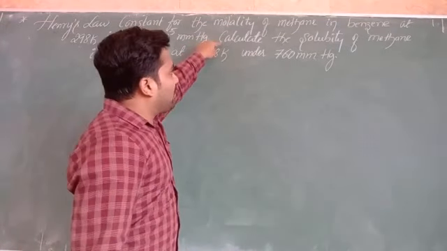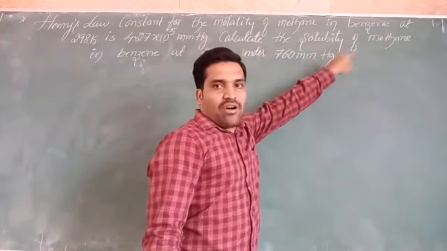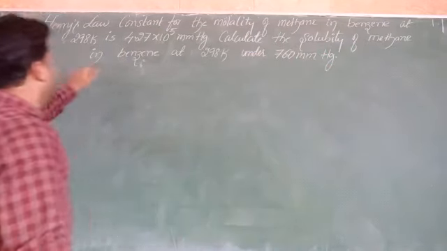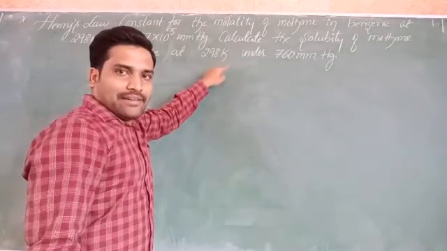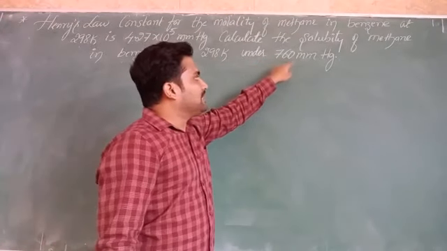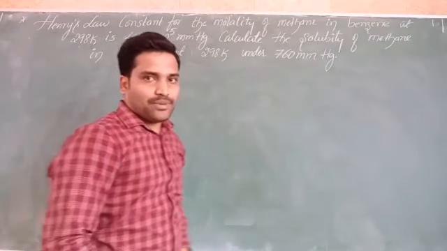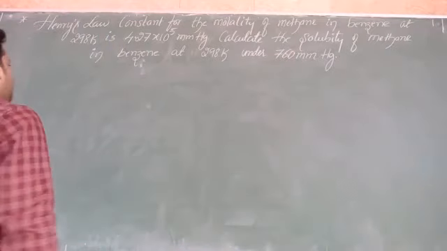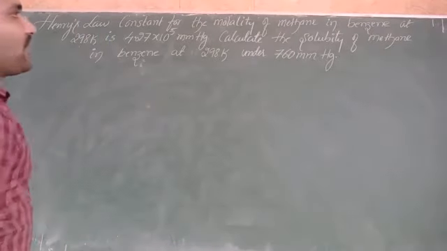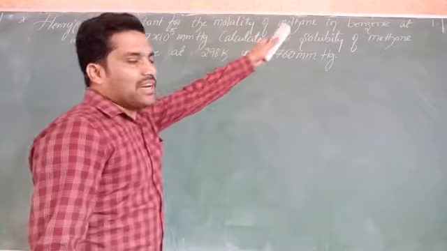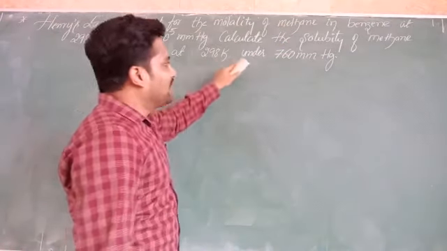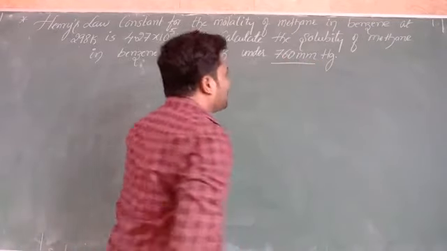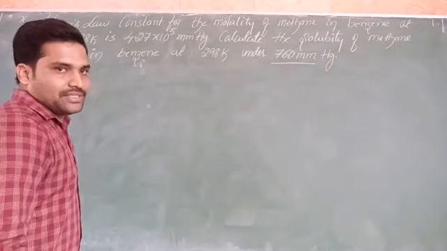Calculate the solubility of methane in benzene at 298 Kelvin under 760 mmHg. What they ask you to calculate is the mole fraction, that means the solubility of methane in benzene at 298 Kelvin under this pressure, 760 mmHg.